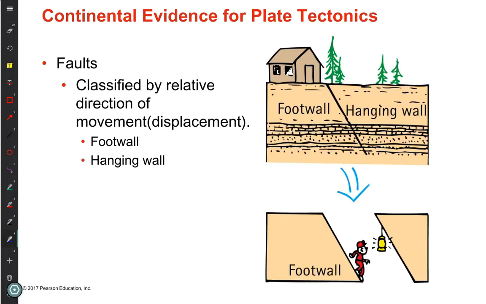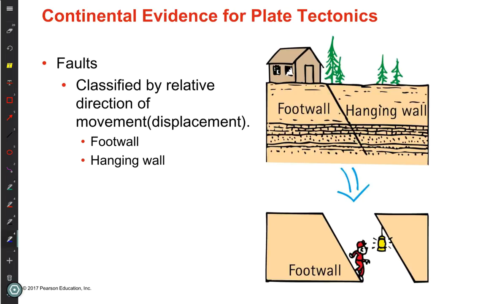When we have a fault where ground can slide against it, we have a couple different geometries we talk about. One of the first things is most faults are not vertical lines. They have some slope to them. And so we call the footwall the one that's underneath. That is, if you were to separate the cut, the one that your feet would be on if you were trying to walk is the footwall.